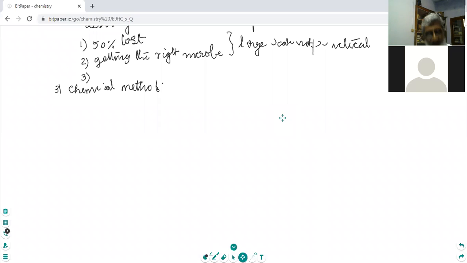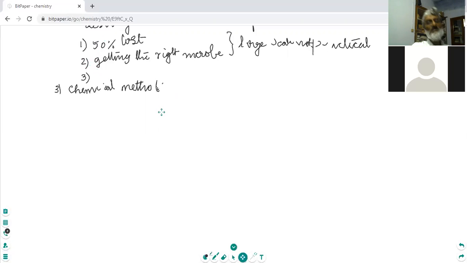One is chemical reactivity towards chiral compounds, and the second one is optical activity. There is no other difference between the two. They have the same solubility, the same melting point, the same boiling point. So that is the disadvantage of separating them.